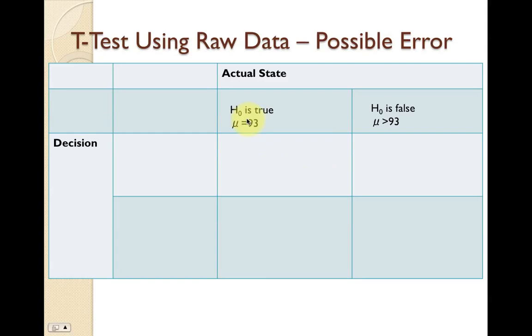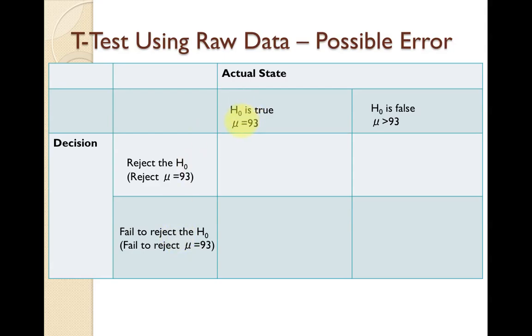So one of these is true. Either mu is equal to 93 or mu is greater than 93. The decision that we make is that we can reject the null hypothesis, rejecting that mu is 93, or failing to reject the null hypothesis, failing to reject that mu is 93.